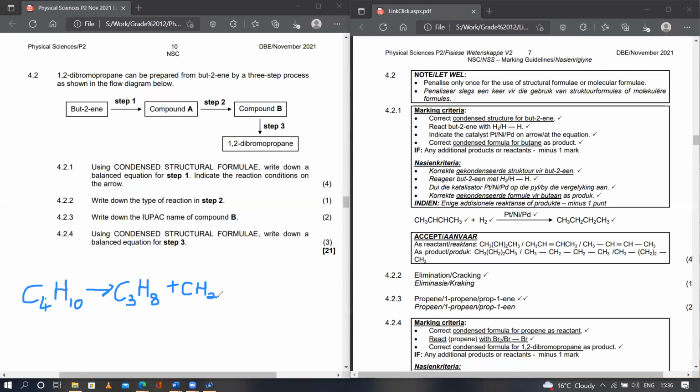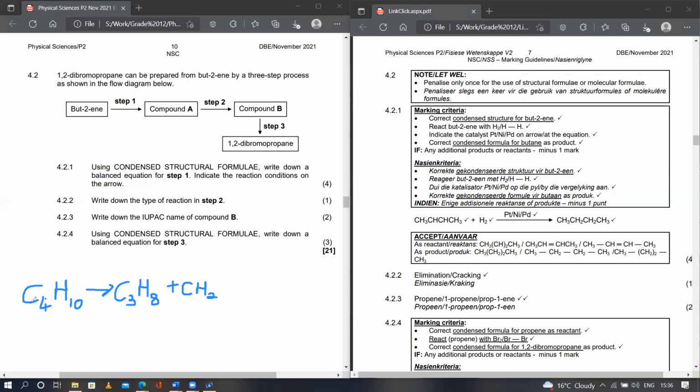Sorry, do you remember how many hydrogens butane has? Because I think it's 10, but I'm not sure. Okay, let me just count: 3, that's 6, 4. Yeah, that's gonna be 10. So basically, this is what's gonna happen. You eliminate.